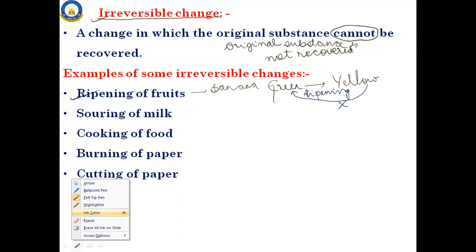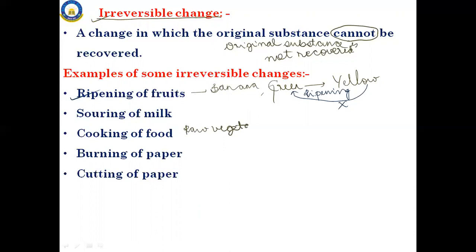The next one is storing of milk. Once the milk is damaged, it cannot be brought back to pure normal drinking milk. And cooking of food: once a raw vegetable is cooked, we cannot convert the cooked vegetables back into raw vegetables.